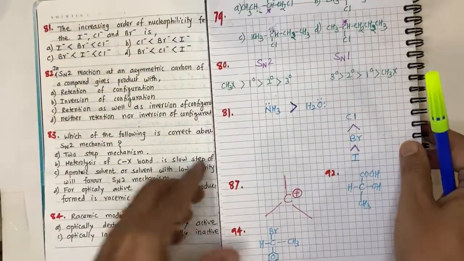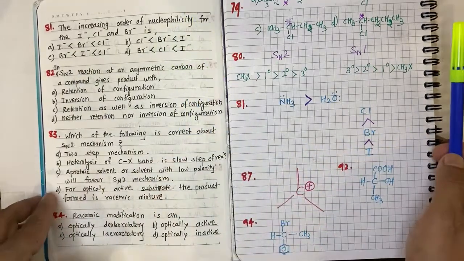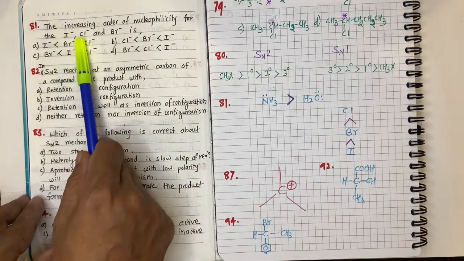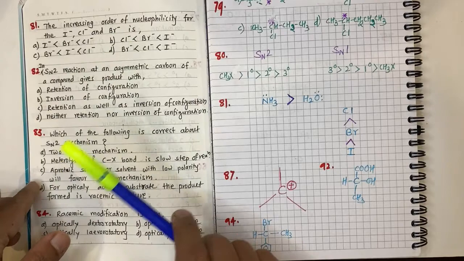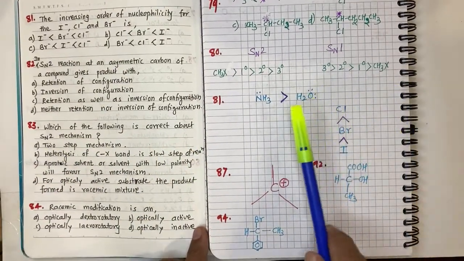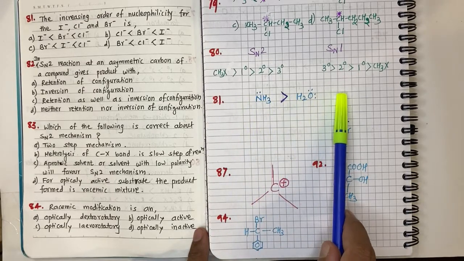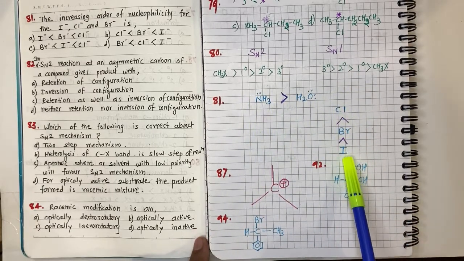Next question. Now, the increasing order of nucleophilicity for I minus, Cl minus and Br minus. Now I will give you one trick here. Remember, in the periodic table you know this one: nitrogen, then oxygen, then fluorine, chlorine, bromine, iodine.